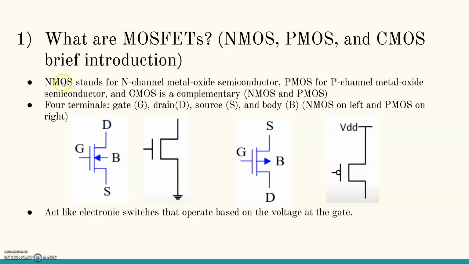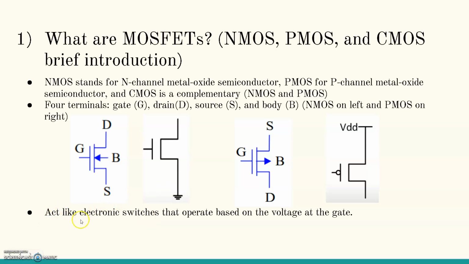There are two types. There's the NMOS, which is the N channel, and PMOS, which is P channel. And there's also CMOS. Basically, it's a combination of both. They're complementary. And the basic symbol here, in terms of the terminals, they have a gate, a drain, a source, and a body. This is also another symbol that I'm going to reference for NMOS, and this one too for PMOS.